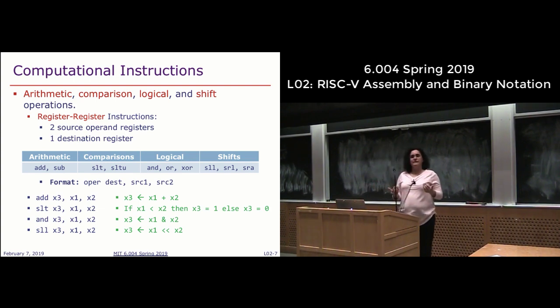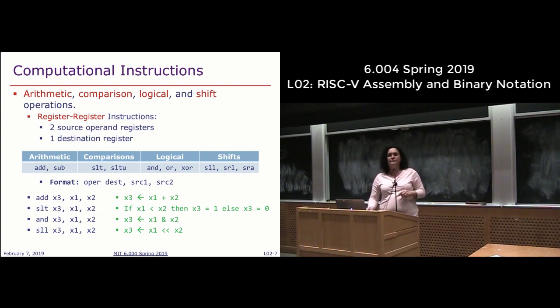If it's false, it'll set it to 0. Logical are basically bitwise logical operations. And finally, our shifts, these stand for shift left logical, shift right logical, and shift right arithmetic. And we're going to learn in detail what each of those mean in tutorials.